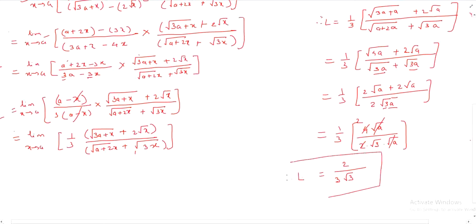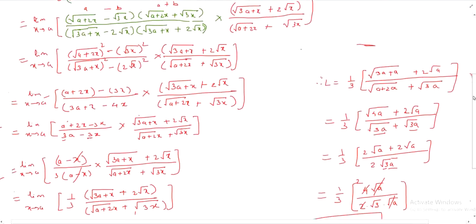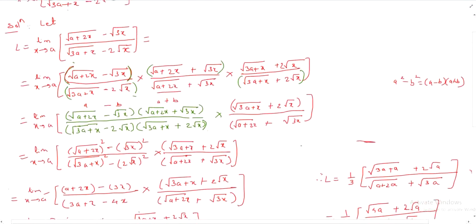So this is our required answer. So you must get that, I hope so. If both numerator and denominator are in irrational form, then we have to rationalize both, that is the numerator as well as the denominator.